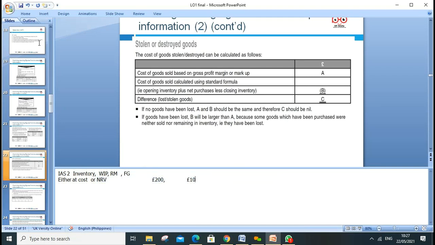The next 190 is our loss, which we should put in the profit and loss. We always show the lower, not the higher value, because inventory value keeps going up and down, and we want to tell the true story. We don't want to overestimate.